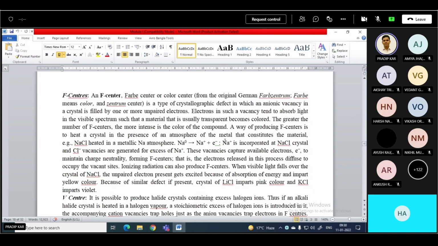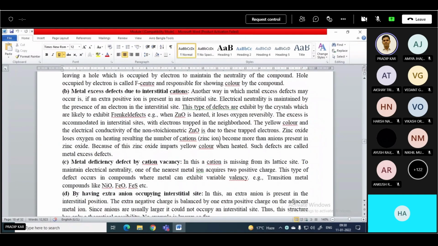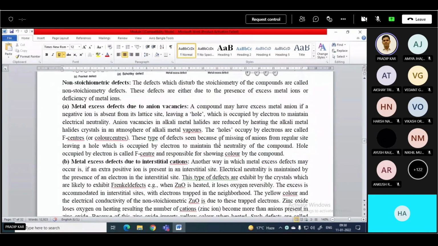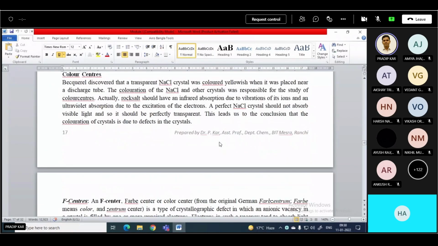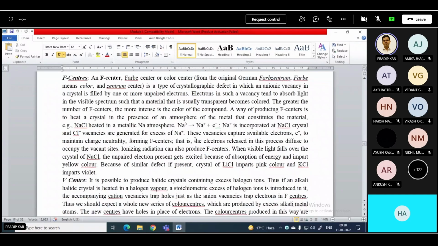So here is the metal excess defect due to interstitial position of the cation. Or you may also think that Na plus takes one Cl minus out, and instead of Cl minus, the e minus occupies the position. So it is actually metal excess by either means. Is it clear?